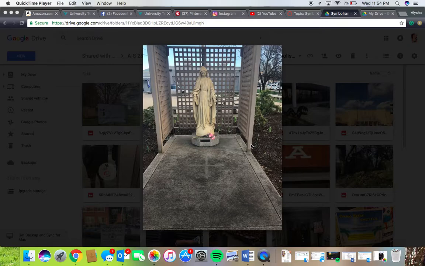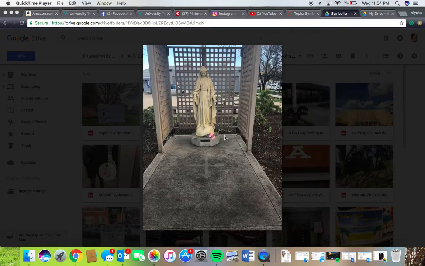And this image showed a lot of symbolism because a lot of people might not know, but the statue is supposed to be Mary, so it's a religious statue, and a lot of religion involves symbolism.